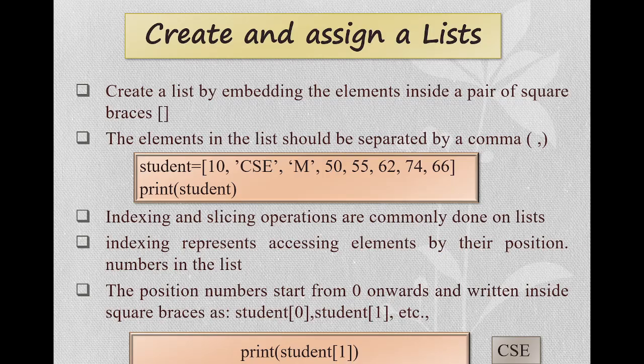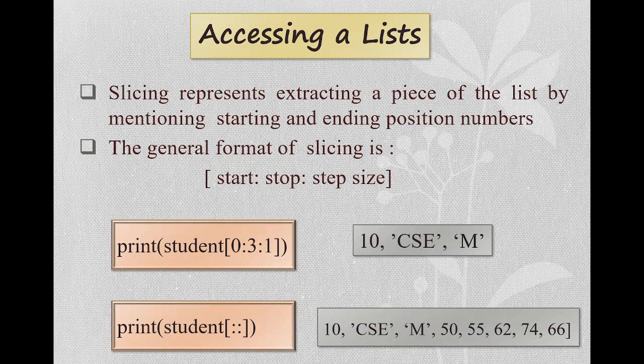Indexing and slicing operations are commonly done on a list. Indexing represents accessing elements by their position. You can have two types of index: one is positive index and another is negative index. Slicing represents extracting a piece of a list by mentioning starting and ending position numbers, with start, stop, and step size.